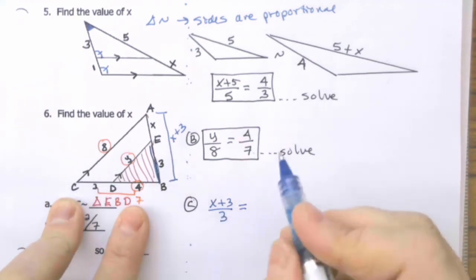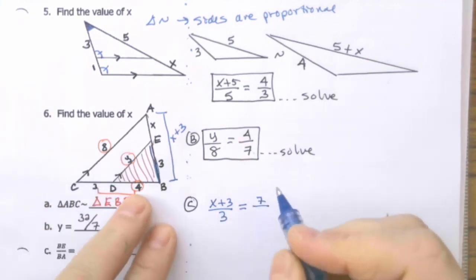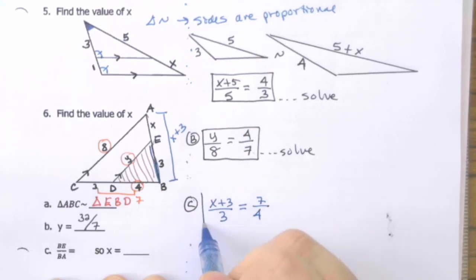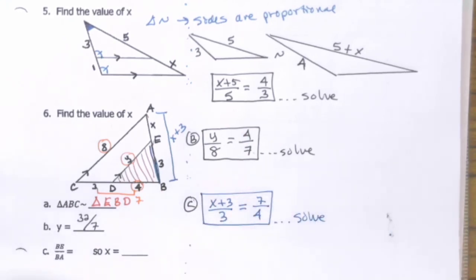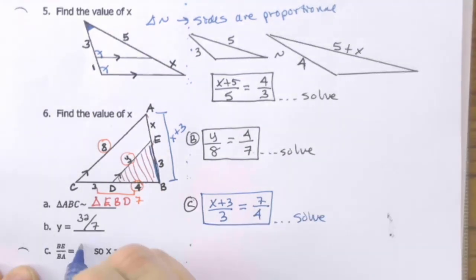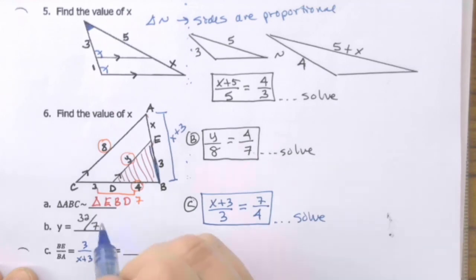The big one is 3 plus 4, which is 7, over the little one, which is 4. And then we can solve. So BE over BA is 3 over x plus 3, and x ends up being 9/4.